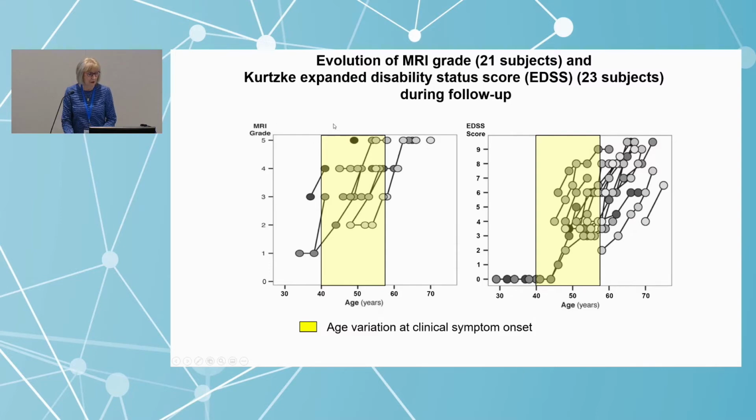Then we used Kurtzke's Expanded Disability Status Scale, EDSS, and what can we see? That disability, of course, starts a little later, and then the state becomes worse in the same way as in the MRI images.